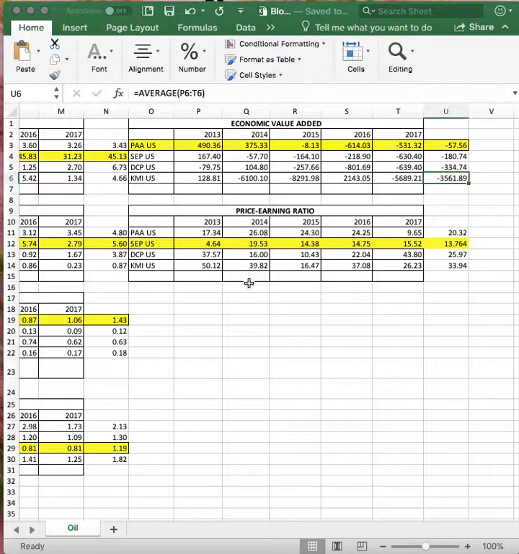A good benchmark for a PE ratio is 15 because if it is too low, it signals that the company may be undervalued, and if it is too high, it signals that the company may be overvalued. SEP has a PE ratio of 13.76. This means for SEP, for every $13.76 of share price, the company is earning $1.